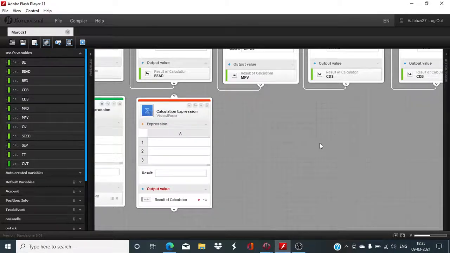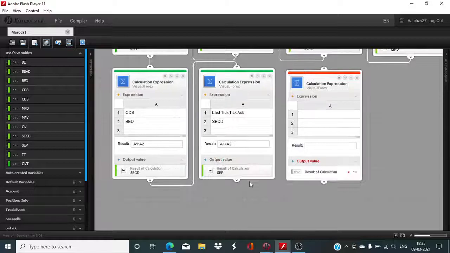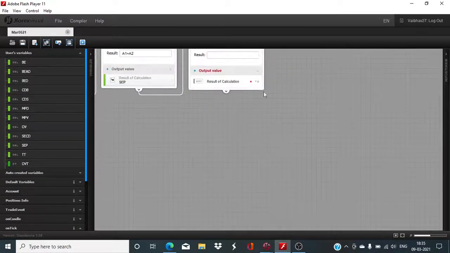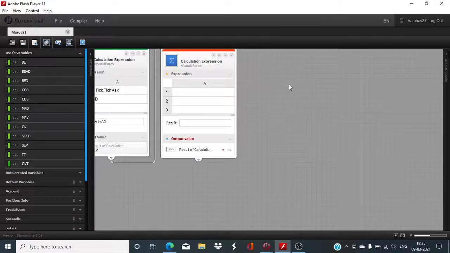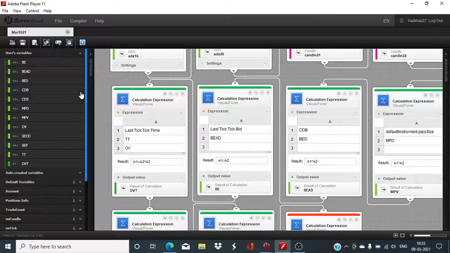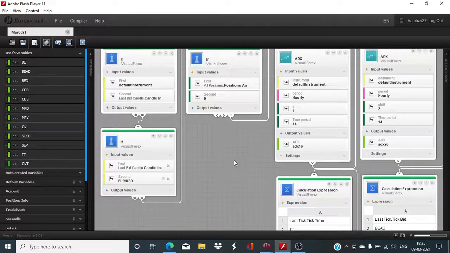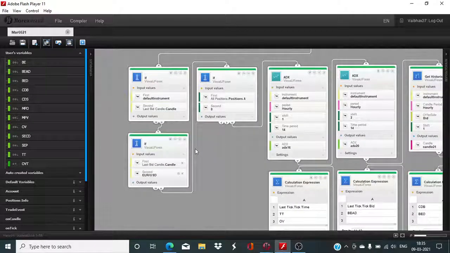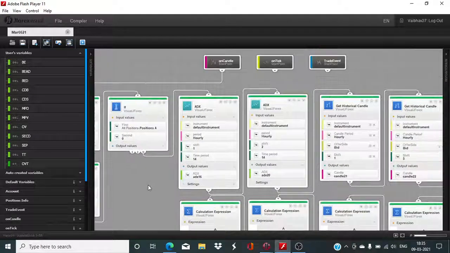So for the time being I will leave this calculation expression block here, and we will not really connect the flow, as we will have to add one more calculation expression block. So now let us get started with defining of the logical conditions using the if block.